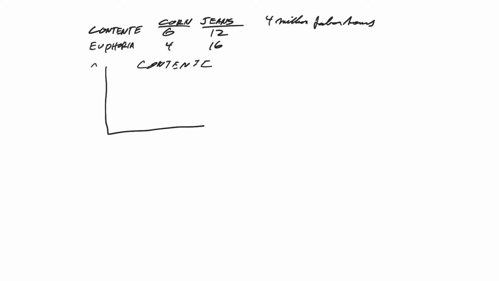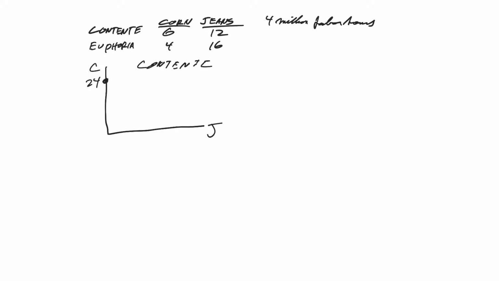Okay, we'll put corn on this axis, jeans on this axis. Now, Contente can produce in an hour 6 units of corn, but there's 4 million labor hours. So 6 times 4 million gives us a production possibility of 24 million for corn.